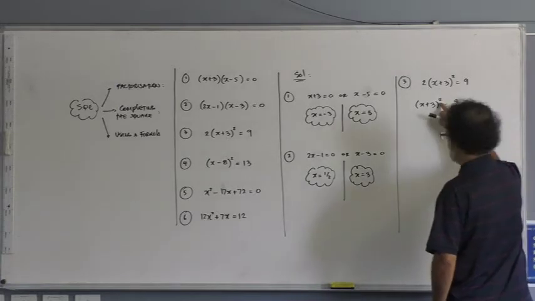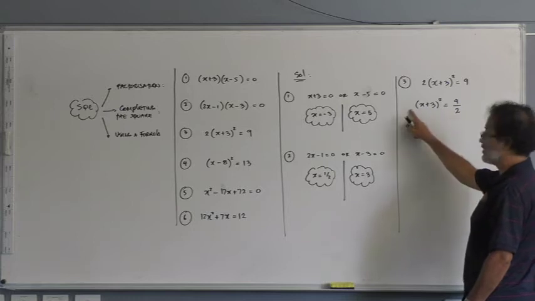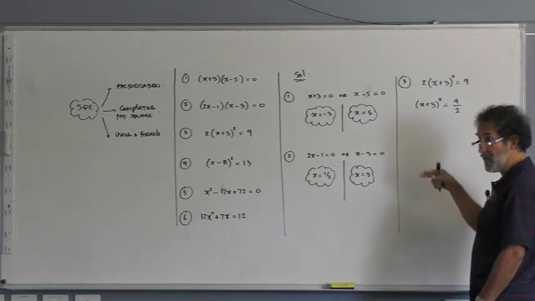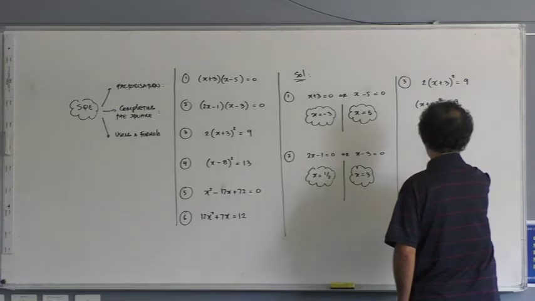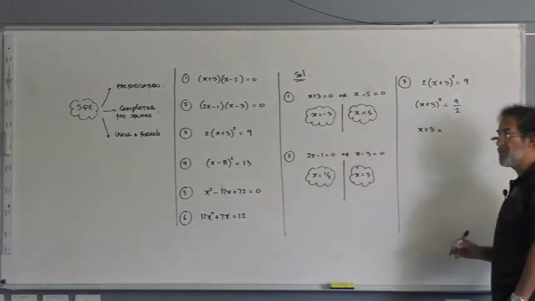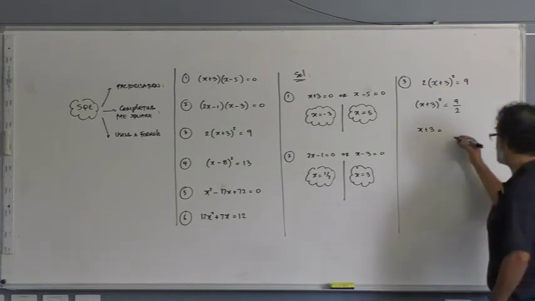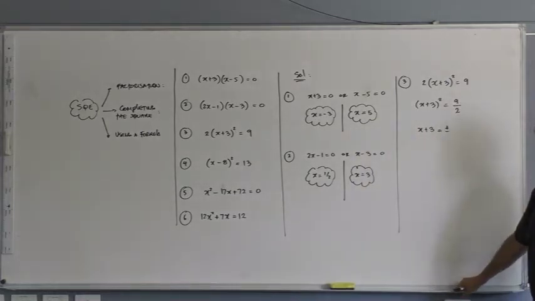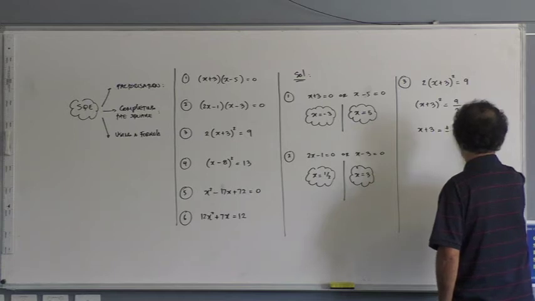So you square root both sides. And when you square root this side, the square will disappear because square root and the square cancel each other. So on this side, we're going to have x plus 3. But then on the other side is when I want you to be careful. On the other side, we have to put the plus or minus in there because we need to have 2 answers. So we're going to put plus or minus and then the square root of 9 on 2.